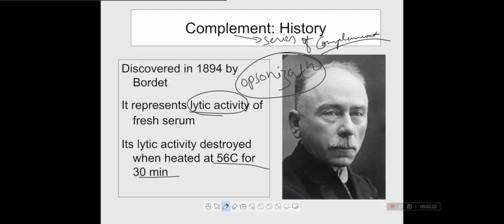When we heat at a high temperature, the activity is destroyed. So this is the history of the complement system.